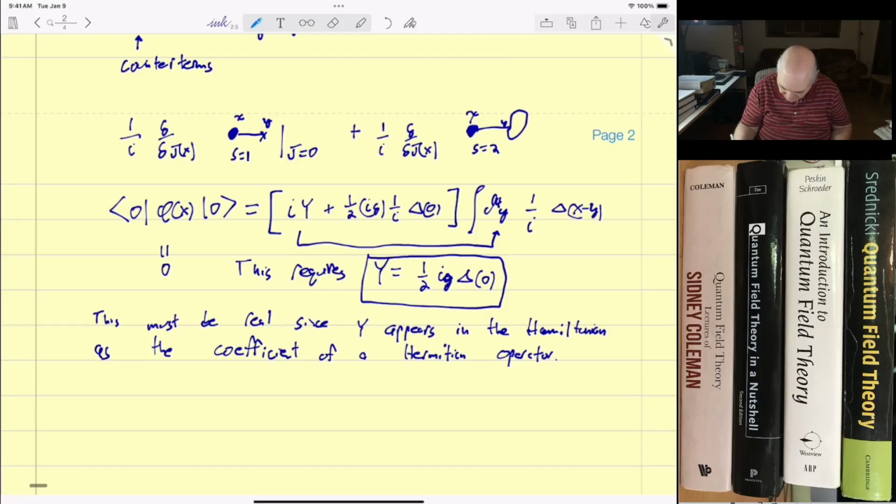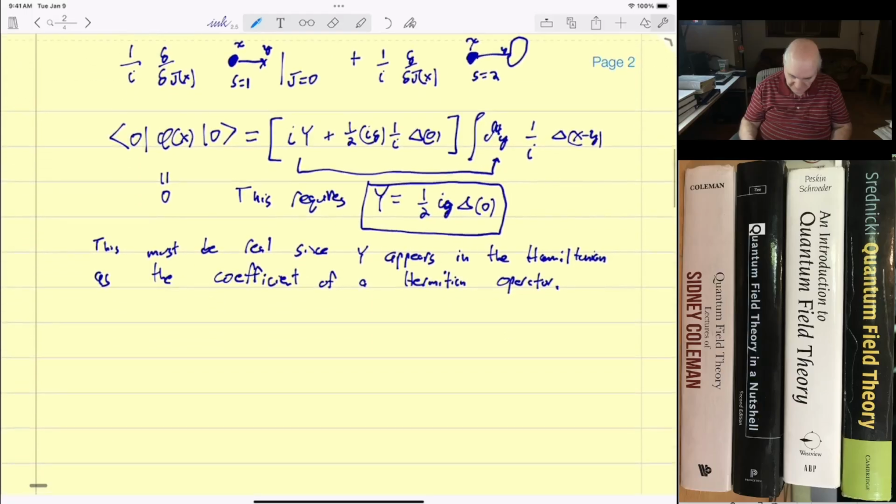Remember, phi is Hermitian because we're working in scalar theory, a neutral scalar field theory. Now, Δ(0), by our usual definition of the Feynman propagator, all it does is take away the exponential factor.